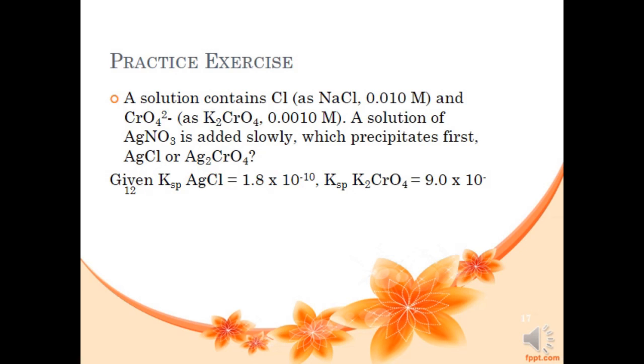So this is a practice exercise for you to try. A solution containing chloride and chromate, and then a solution of silver nitrate is added slowly. So which will precipitate first, silver chloride or silver chromate? So you compare the KSP like we did for silver chloride, silver bromide and silver iodide in the previous example.